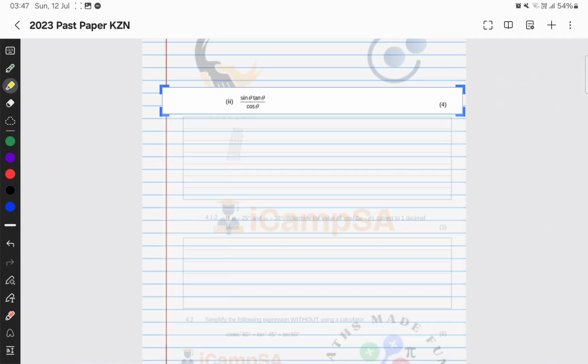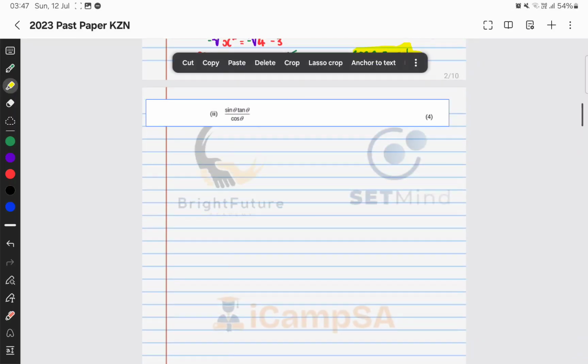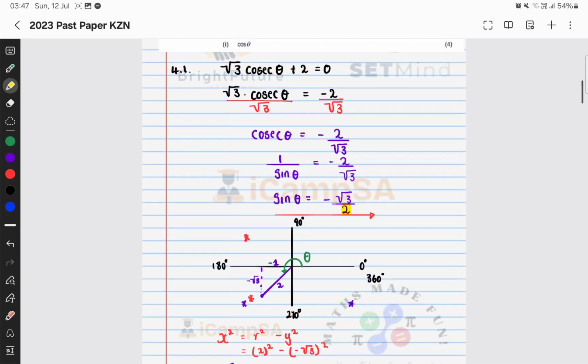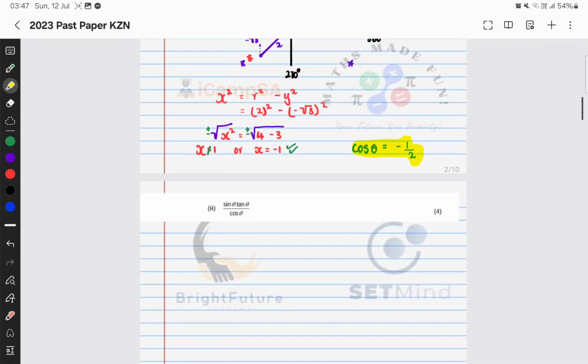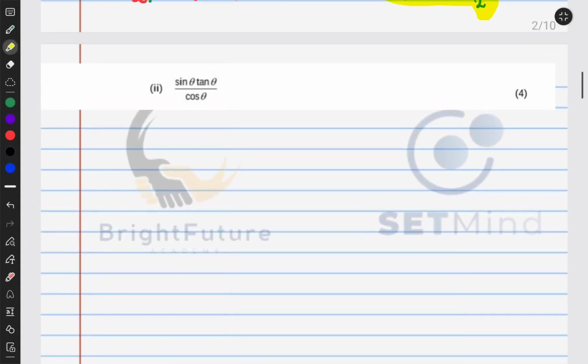We're only interested in that Roman figure 2 there. Okay, yes, that is 4.1.1 number 2, and we have to evaluate sine theta multiplied by tan theta over cos theta.